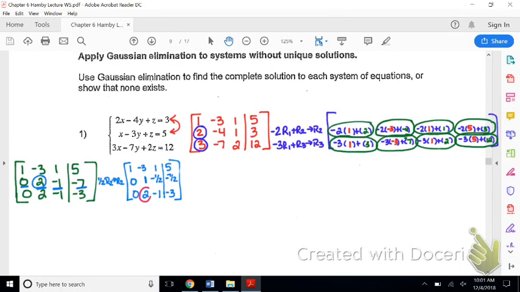Alright, then remember we want a 0 right here. So what do I need to combine the 2 with to make it a 0? -2. And we're in column 2, so we're going to multiply times row 2 because that's where our 1 is in that column. Plus row 3.